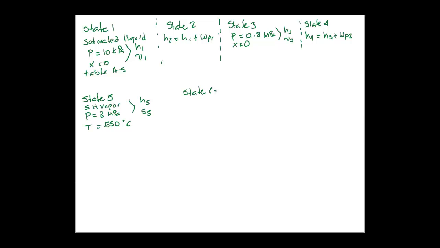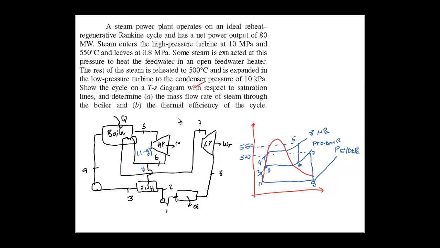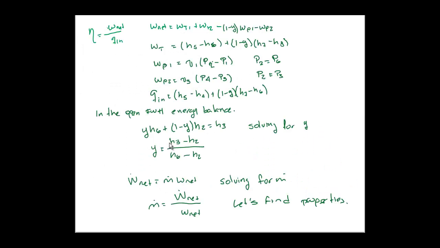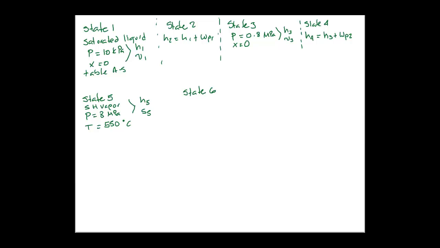So state 6, this is the exit of my turbine, a low pressure turbine. In this state, we know the pressure is 0.8 megapascal, and the second independent property is that the entropy is constant. So S6 equals S5, and we need to compare it.